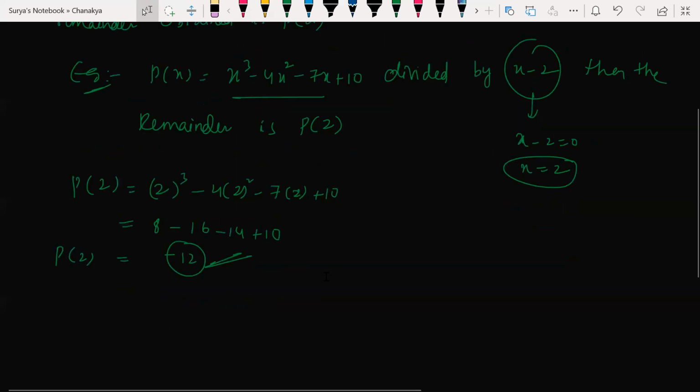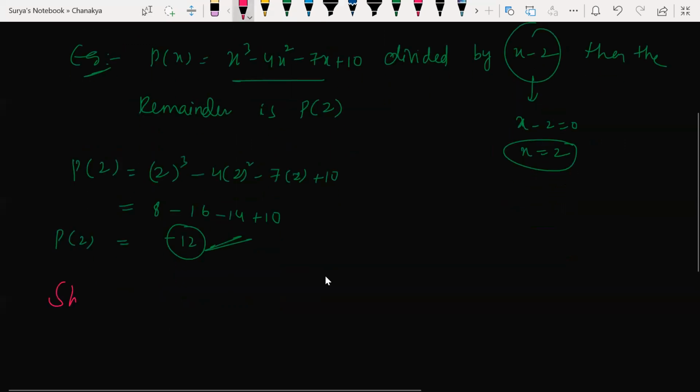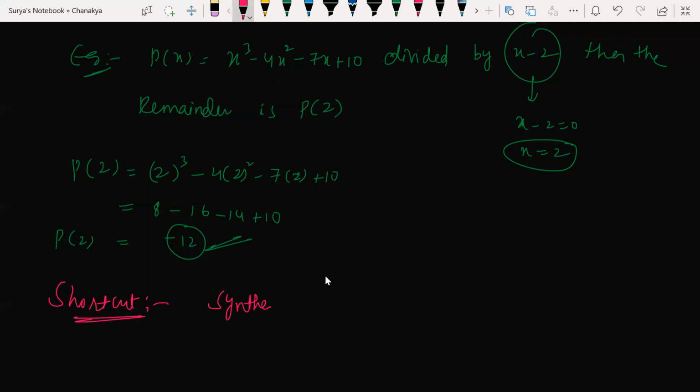I'll tell you one more thing here. Shortcut to factorize a cubic polynomial, to find the roots of a cubic polynomial. The shortcut method name is the synthetic method. Everyone, listen to me carefully.